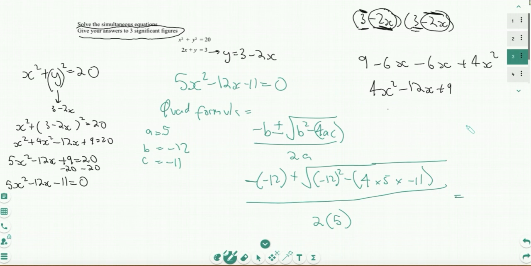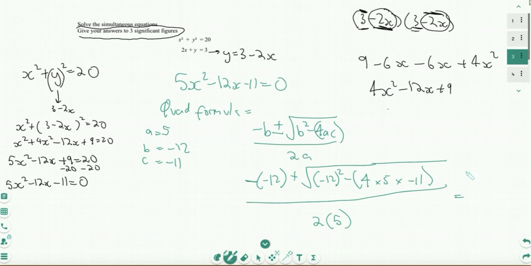That's it. Just throw it into your quadratic formula. Negative 12 plus the square root of negative 12 squared minus 4 times 5 times negative 11 over 2 times 5.